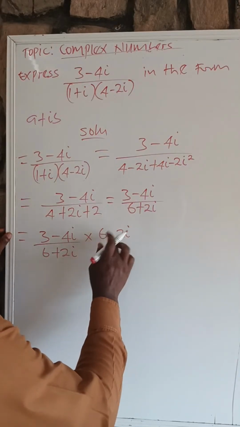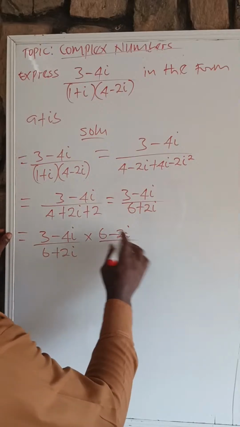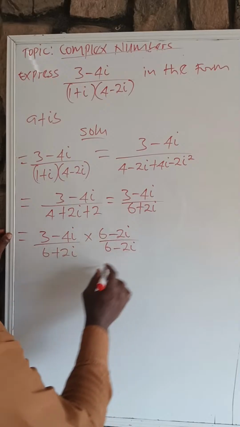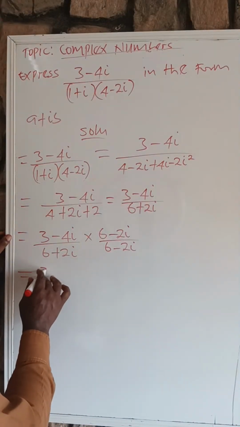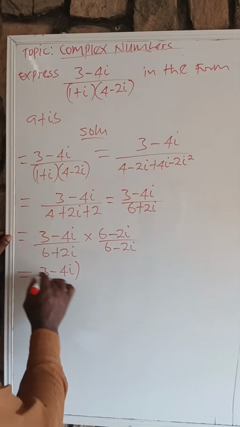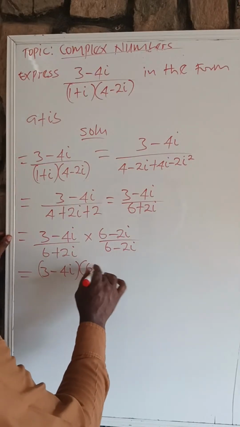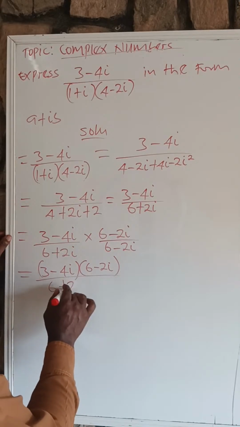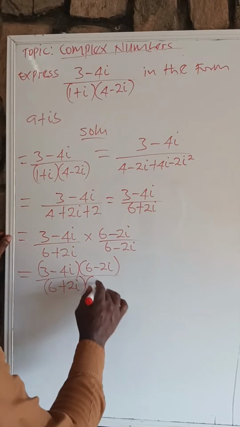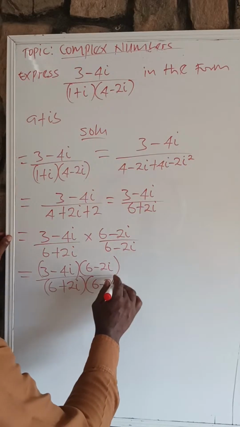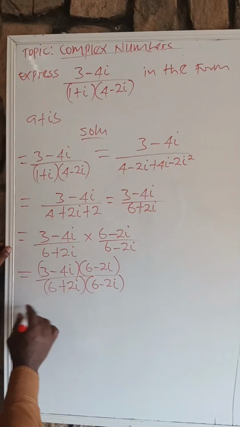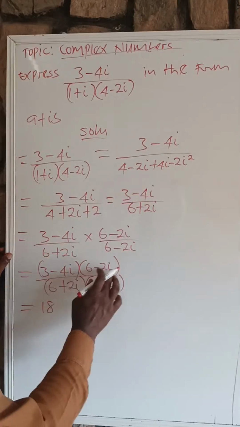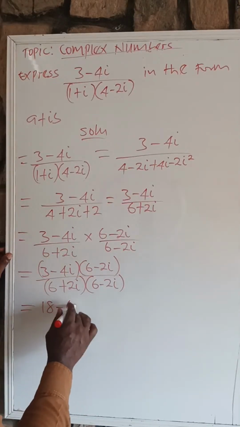So here will be 3 minus 4i all over 6 plus 2i times 6 plus 2i. Here is supposed to be minus because as you are conjugating, so 6 minus 2i. Then this is the same thing as 3 minus 4i, open bracket, close bracket, 6 minus 2i, all over 6 plus 2i, open bracket, close bracket, 6 minus 2i. Okay, so this is equals to 3 times 6, 18, right? 3 times minus 2i, minus 6i.